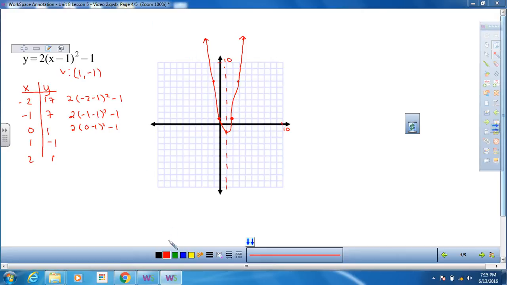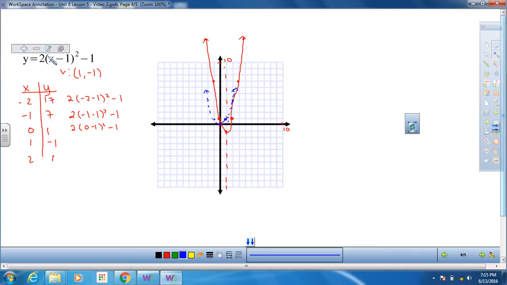If I sketch that in real quick here, with my graph, I know it opens up, but it's narrower.